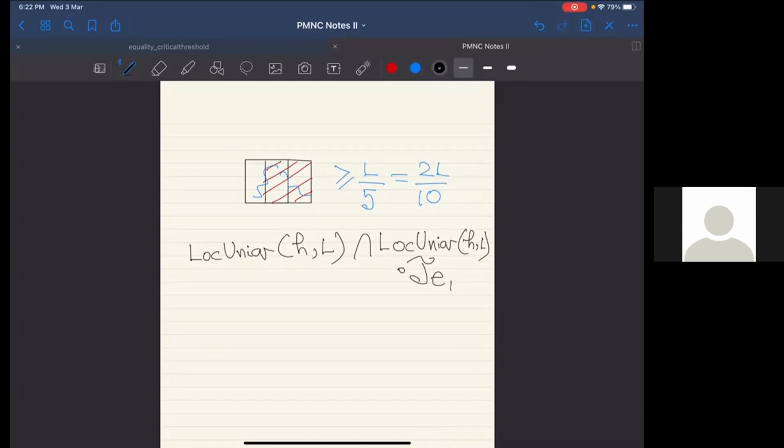Then what I can do is draw a twice bigger box around the midpoint. Assume this to be a twice bigger box, although it is not.